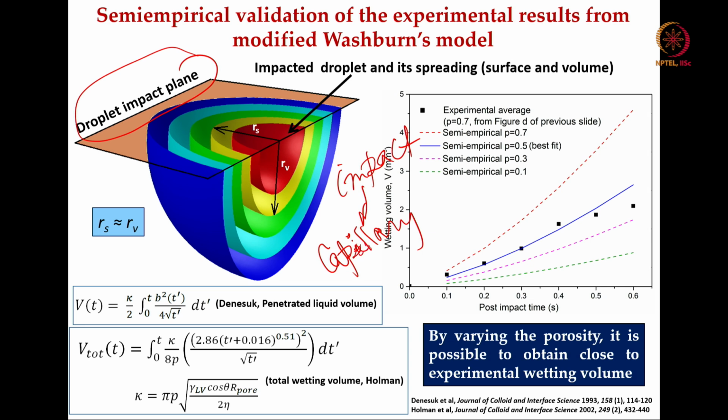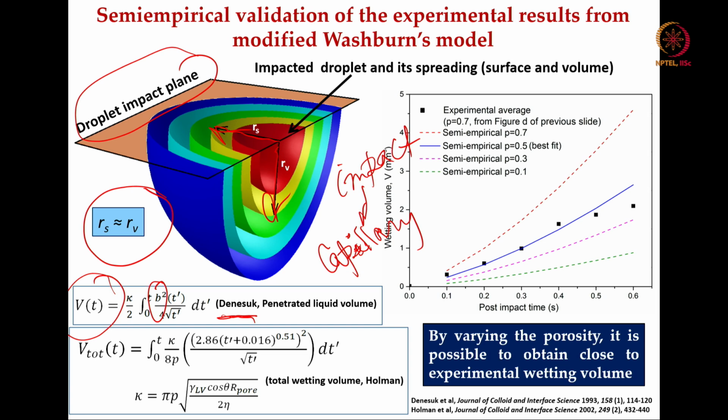So the droplet impact plane and the impacted droplet in spreading surface and volume, if you see these two dimensions, RS and RV, RS is almost equal to RV, and Denesuk actually first gave some quantitative estimates of how the wetting volume increases with time. So this kappa is some constant, b is the lateral width, and t prime is any instantaneous time.